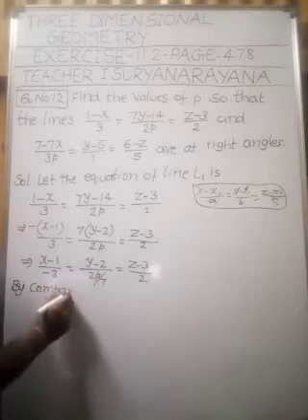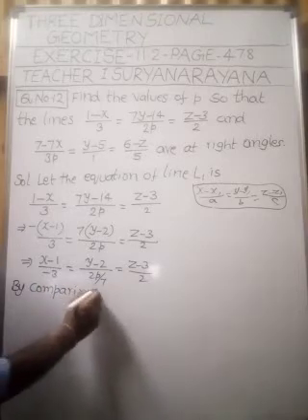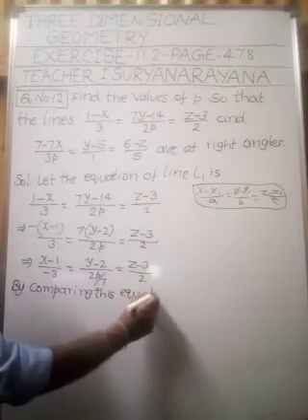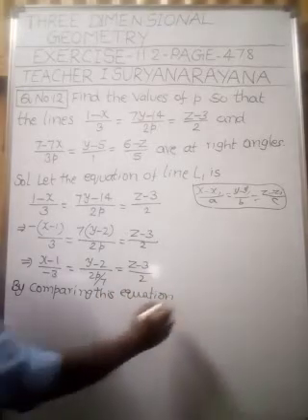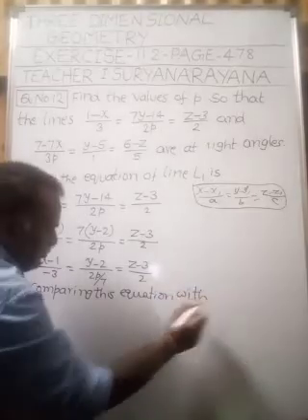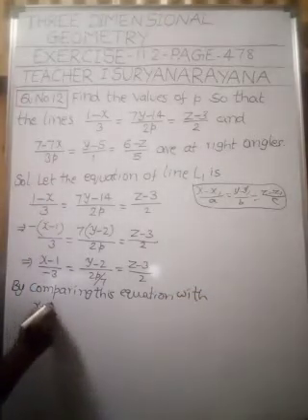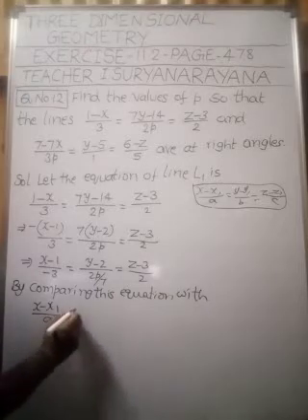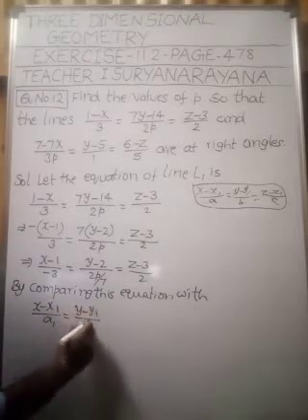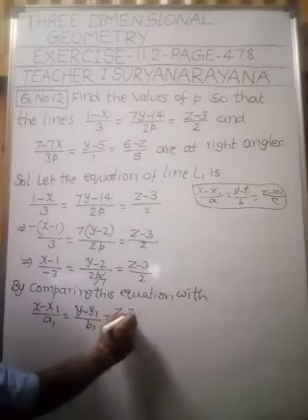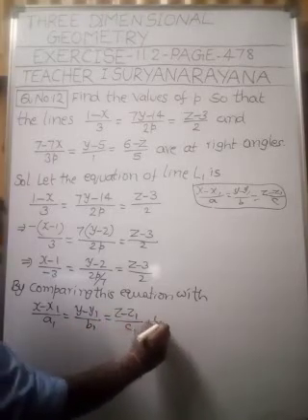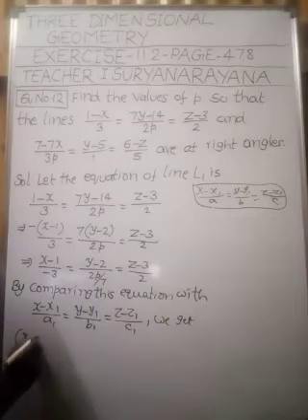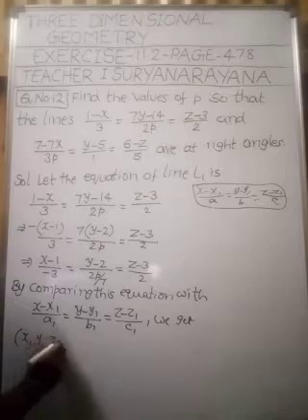By comparing this equation with (x minus x1) by a1 is equal to (y minus y1) by b1 is equal to (z minus z1) by c1, we get (x1, y1, z1).